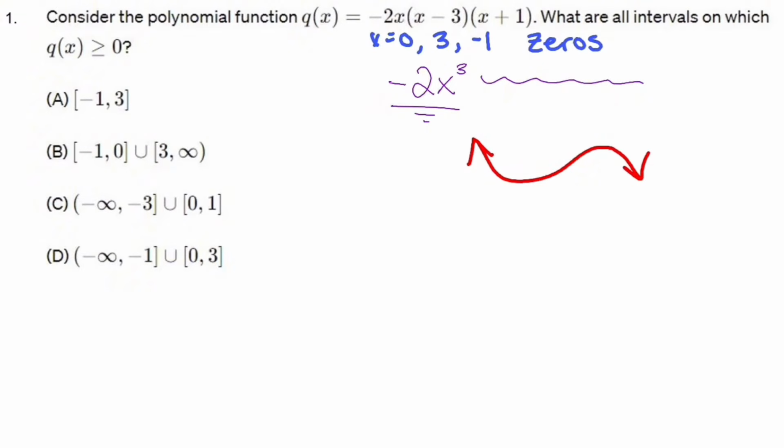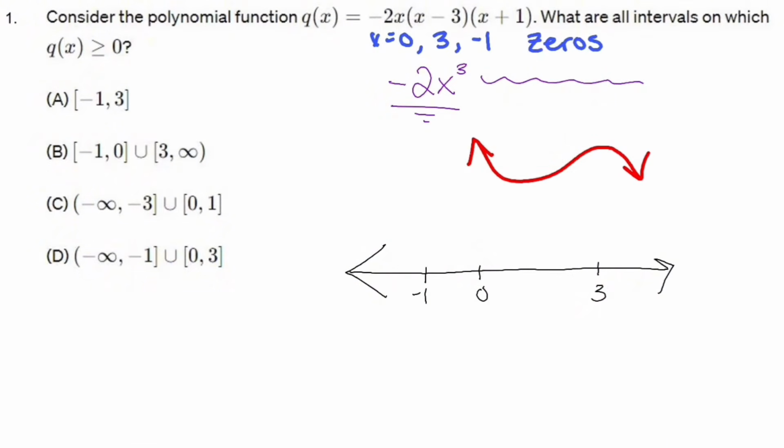Now what I'm going to do is make a sign table, or a sign chart, as some people might call them. This sign table takes my zeros and it also takes my graph and puts them together and makes me find out where this guy is positive. This graph right here in red crosses the x-axis at negative 1, 0, and 3, in that order.